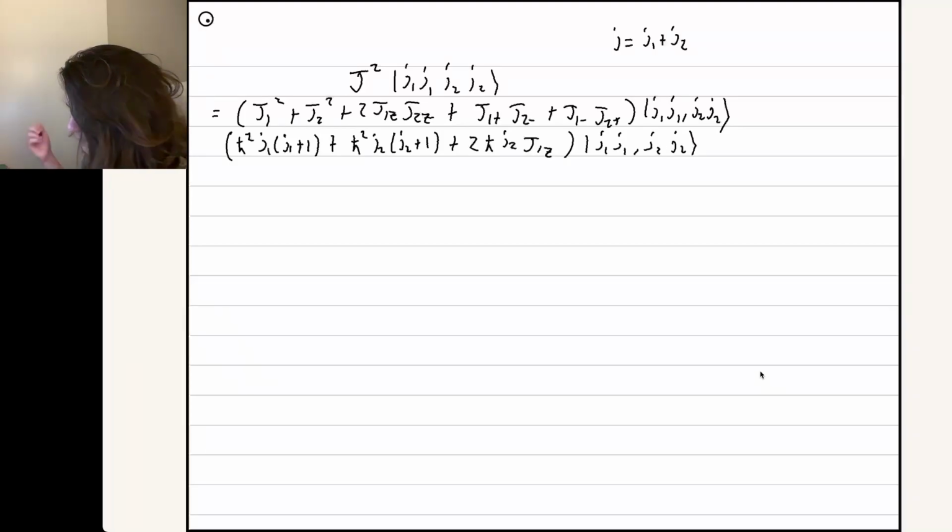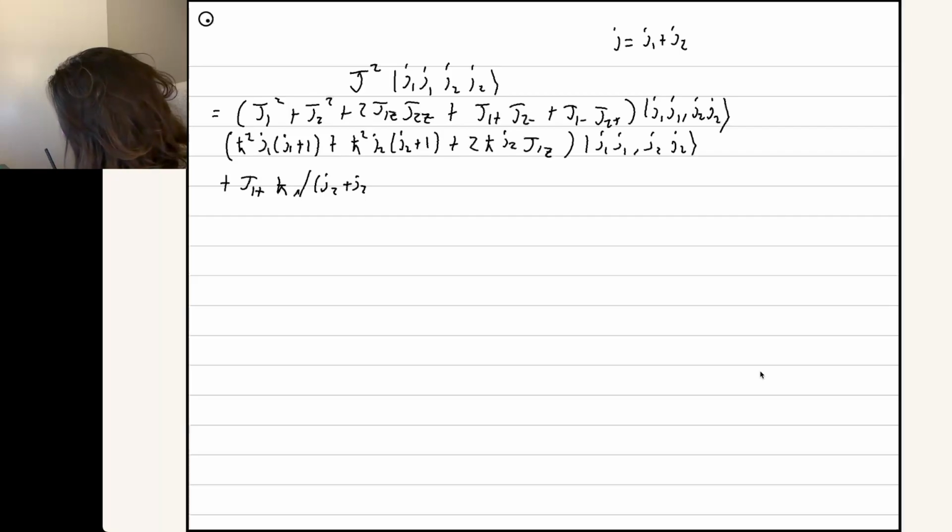Then we have the raising and lowering operators. For the first one, we still have to operate J1 plus on it afterwards. You're going to have H bar times the square root of J2 plus J2, since it's a raising operator.